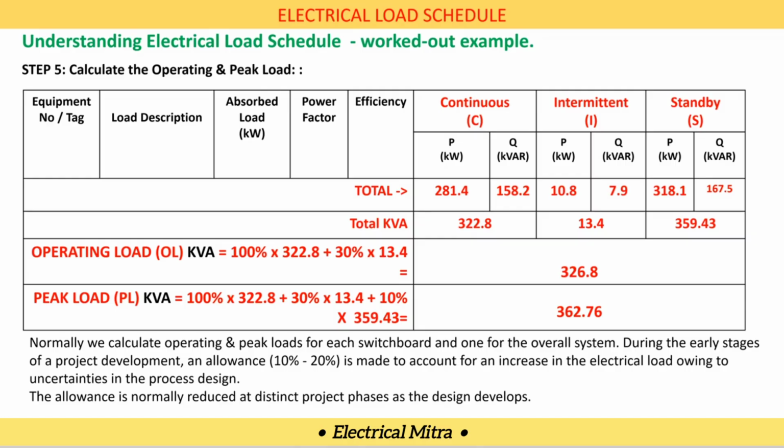During the early stages of the project development, an allowance of 10 to 20% is made to account for an increase in electrical load to take care of the uncertainties in the process design. This allowance is normally reduced at distinct project phases as the design develops and the details of the electrical loads are crystallized.